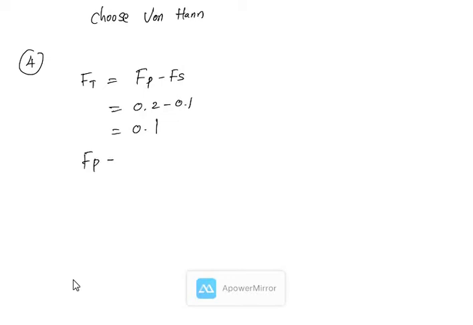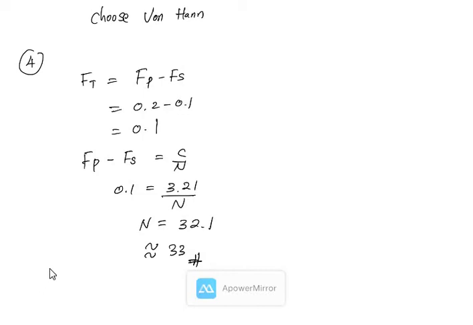Therefore, Fp minus Fs is equal to C over N. C is 3.21, divided by N, and N is equal to 32.1, which is approximately 33.